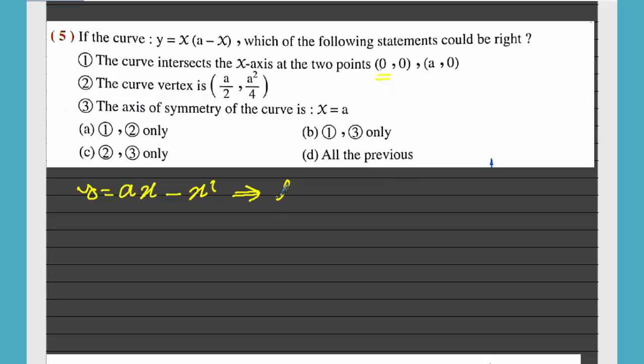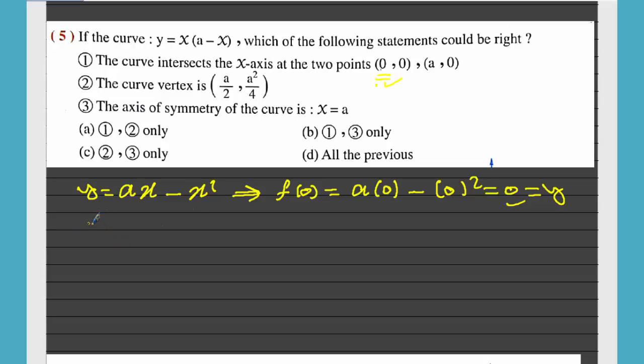So f of x, f of 0 equals a multiply 0 minus 0 square. So equals 0. So when x equals 0, y also equals 0, right? It is the value of y. Okay, so this is a right solution, a right point.